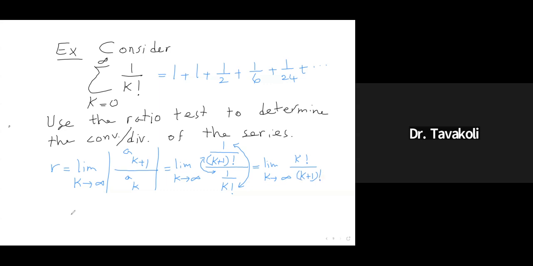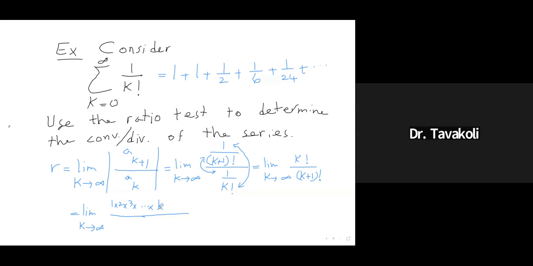Before applying the limit, can you simplify that fraction, k factorial over (k+1) factorial? What is k factorial? It means 1 times 2 times 3, until we multiply by k. We go as far as k: 1 times 2 times 3 dot dot dot times k.